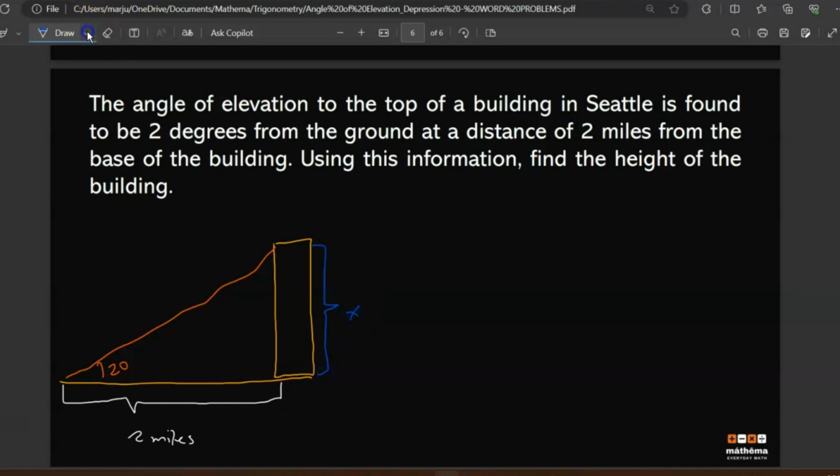So again, using our trig ratio, we will have the angle, the opposite, and the adjacent. So this is just a simple tangent 2 degrees, equal to the opposite, which is x, over 2 miles.